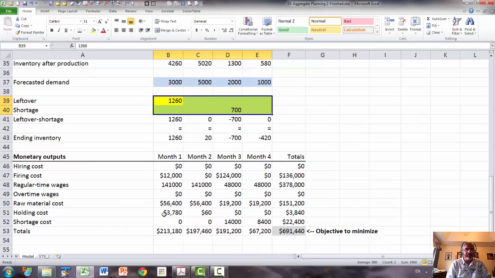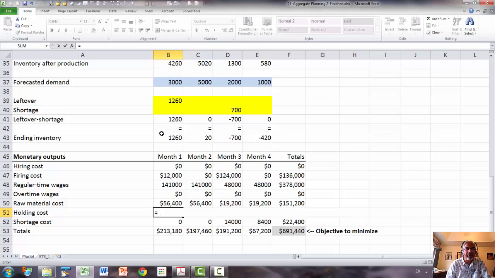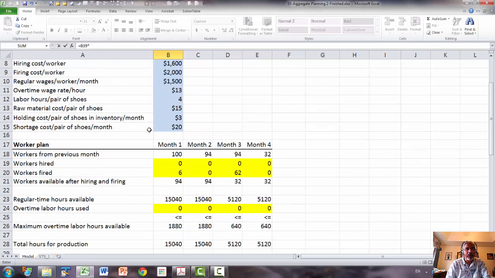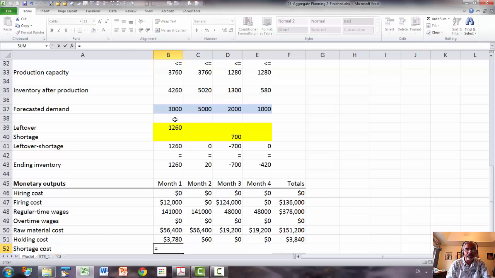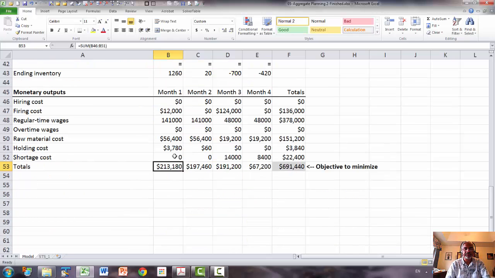So once you have done that, then your holding cost need not be an IF. All you have to do is use the leftover times the holding cost per shoe, and the shortage would be the shortage times the shortage cost. Okay, now you copy those two.